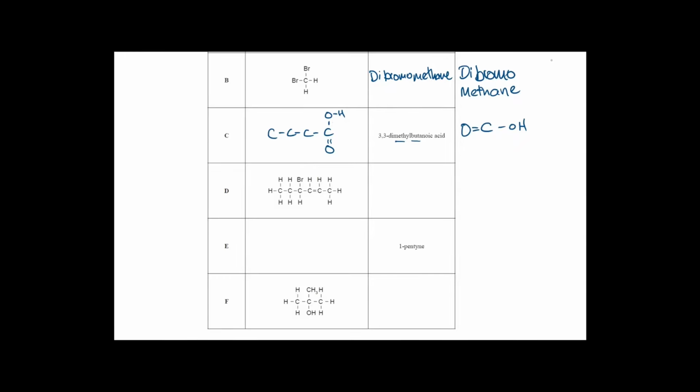This carbon is associated with bonds, there's 1, 2, 3, 4, so that's all it can take. The oxygen here, it's got all the bonds that it can take. Remember, oxygen is 2 up from carbon in the periodic table. Now we get to the dimethyl.